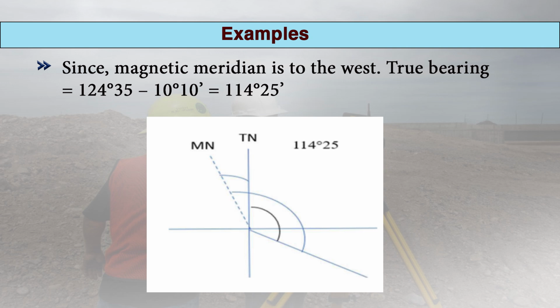Since the magnetic meridian is to the west, the true bearing will be 124 degree 35 minute minus 10 degree 10 minutes, which gives 114 degree 25 minutes. So, the true bearing will be 114 degree 25 minutes.